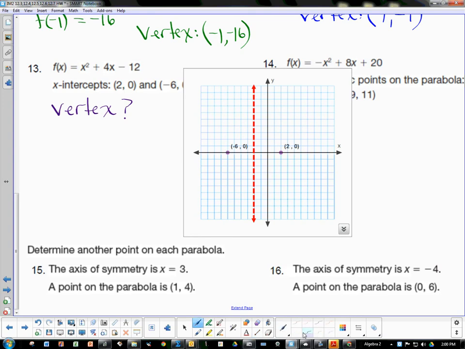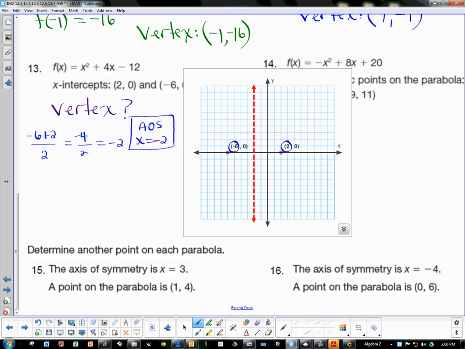This is just to show you. To find out what this axis of symmetry is, let's add these together. That's -6 plus 2, and then cut them in half to find the midway point. It's going to be negative 4 over 2, which happens to be negative 2. So x equals negative 2 is my axis of symmetry. Keep that in mind, it's a negative 2.